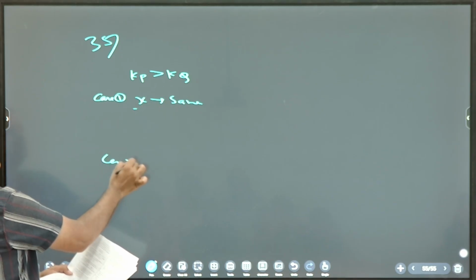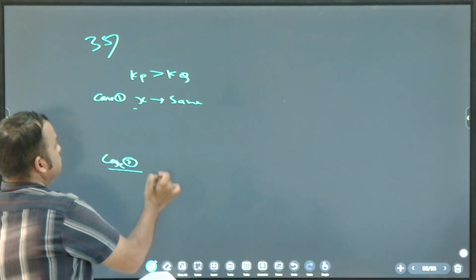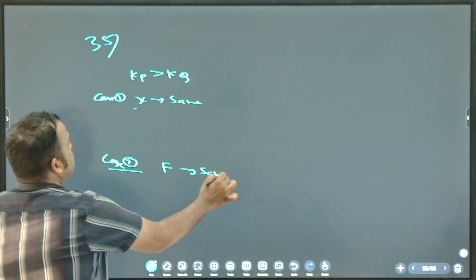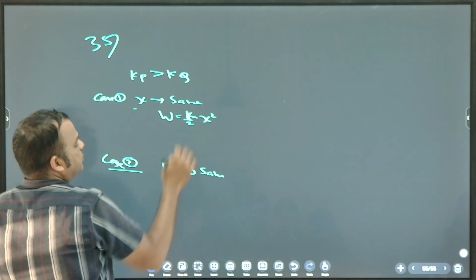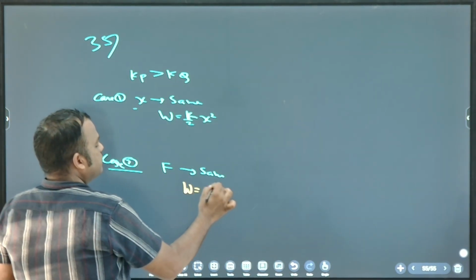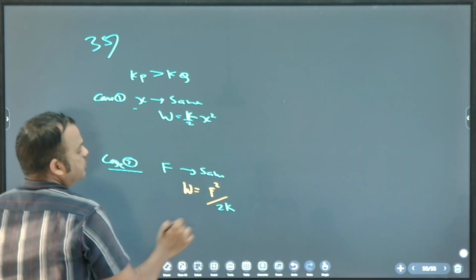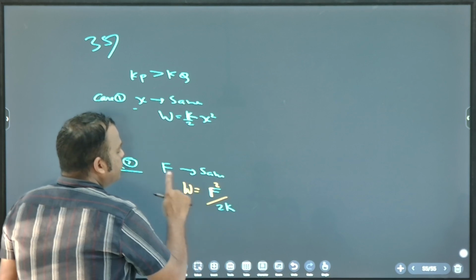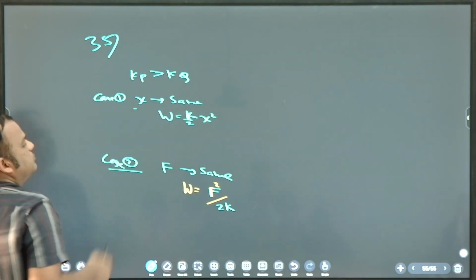Case 2, force is same. So for work done, the formula is K by 2 X square. For case 2, what is the work done formula? F square by 2K. When force is same, use this. When X is same, use the other.